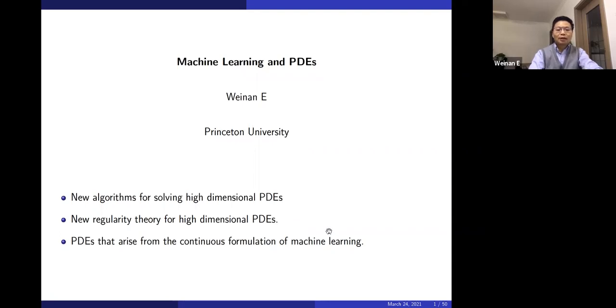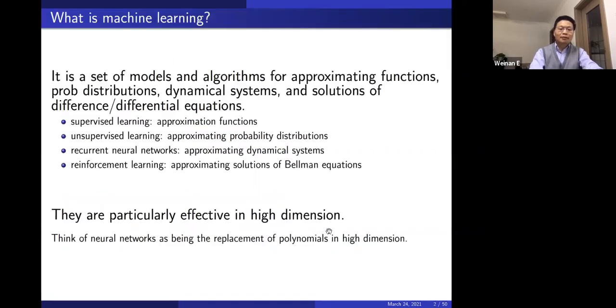Okay, let's start with a general remark about what is machine learning. It's just a set of models and algorithms for approximating functions, probability distributions, dynamical systems, and solutions of differential and difference equations. Roughly speaking, supervised learning is about approximating functions.